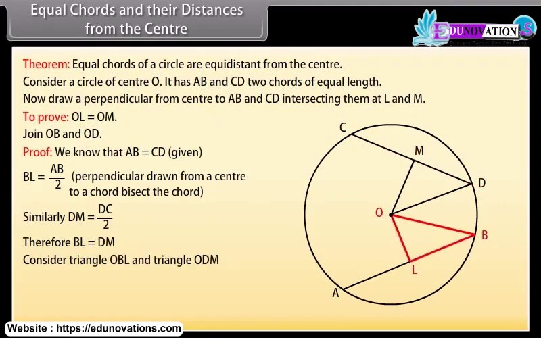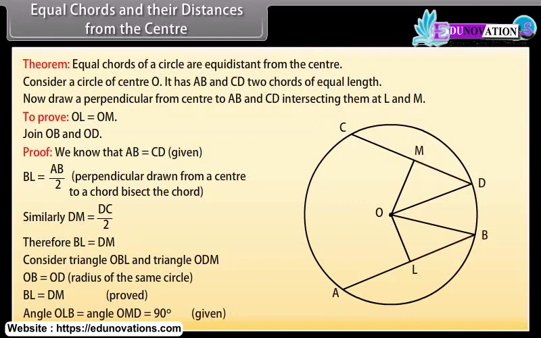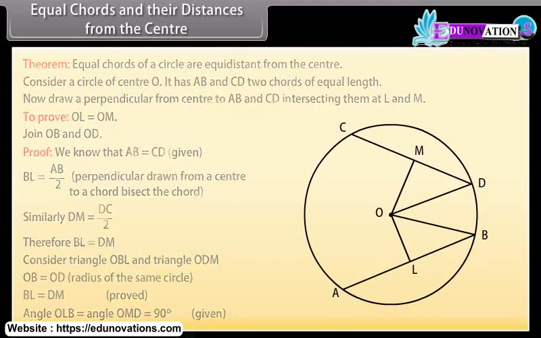Consider triangle OBL and triangle ODM. OB is equal to OD, radius of the same circle. BL is equal to DM, proved. Angle OLB is equal to angle OMD, which is equal to 90 degrees, given.